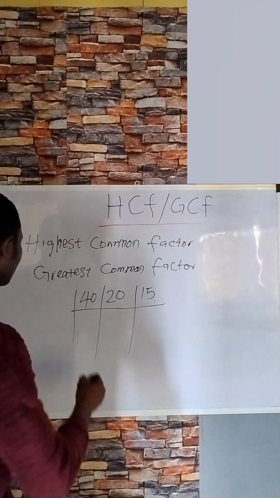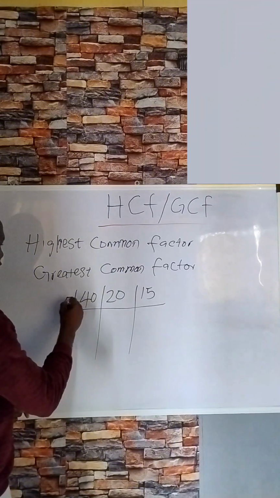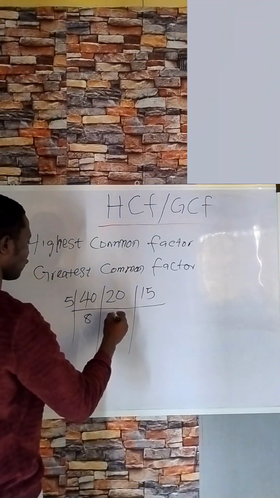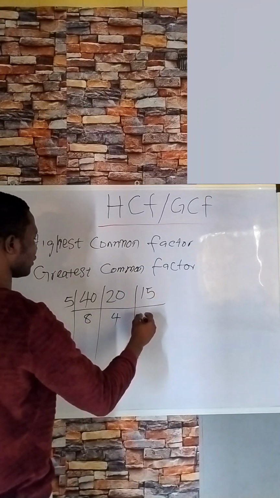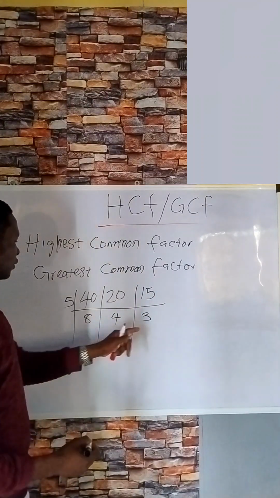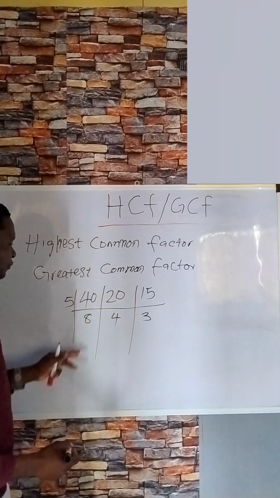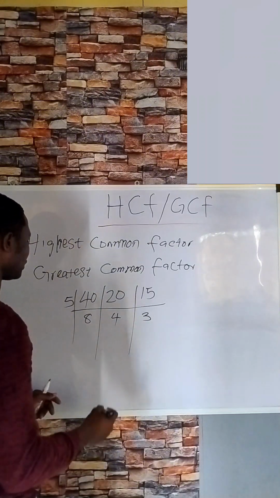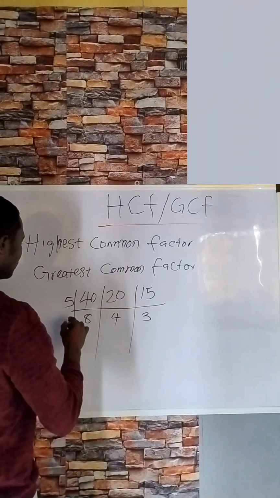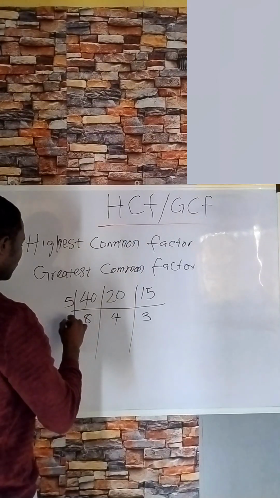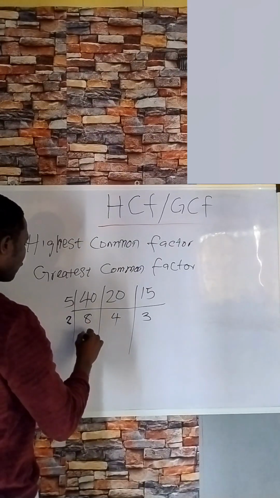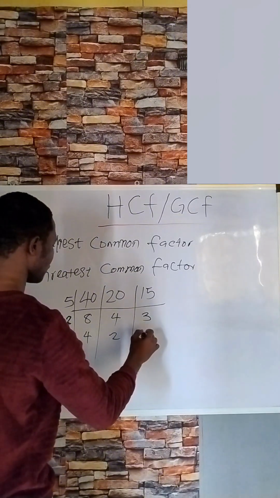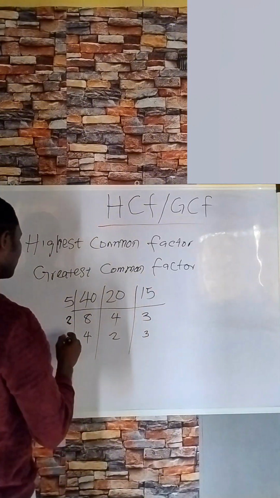So start with 5. 5 here, 8. 5 here, 4. 5 here, 3. What number again can go? No number can divide through without the remainder. So go with 2. 2 here, 4. 2 here, 2. 2 here, cannot go. Bring down the 3.